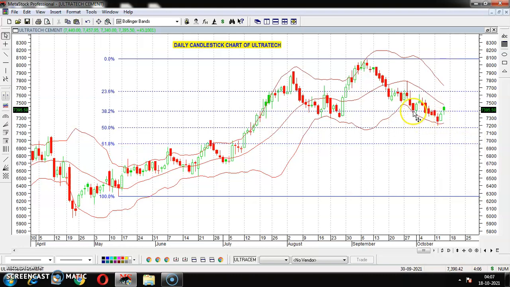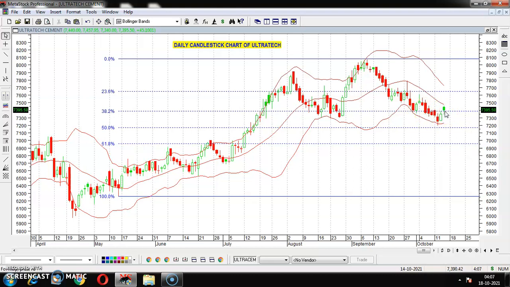So we can say this is a perfect W bottom formation. The very next candle from here started a rally, and after this candle we haven't found any candle that closed lower. This candle has closed higher. So the rally has started from here, and this is a perfect W bottom formation.